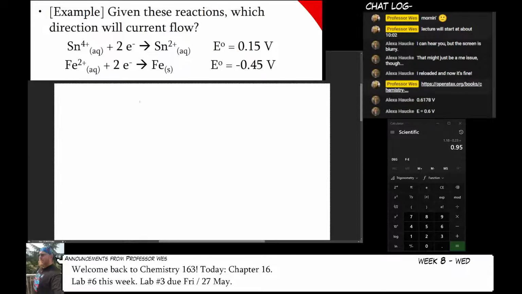Alright, so which of these is going to be my anode? Well, it's the one that's more negative, so that's going to be the iron, right? So that means that I'm going to flip it around. And then for my other reaction, I'm going to leave it as is.